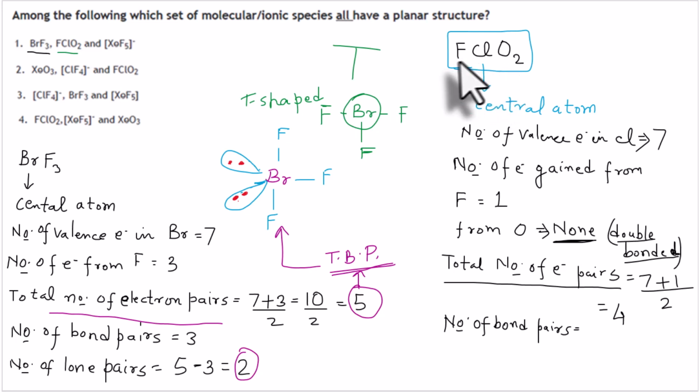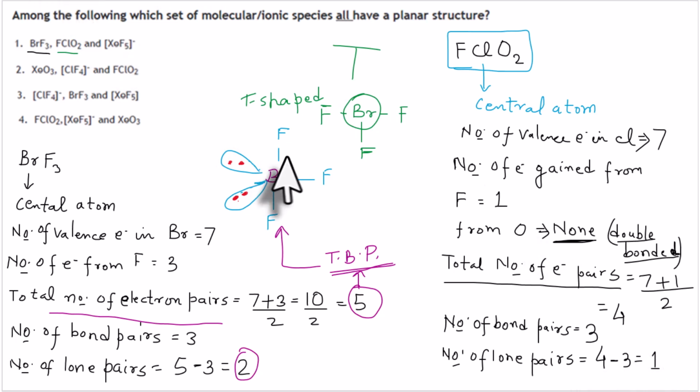So we will consider fluorine 1 bond pair and 2 oxygens 1 bond pair each, so total 3 bond pairs. And then number of lone pairs: total number of electron pairs 4 minus number of bond pairs 3 is equal to 1. So we have 1 lone pair.